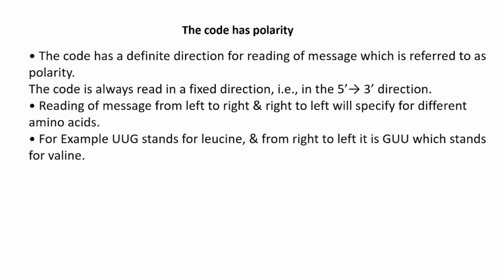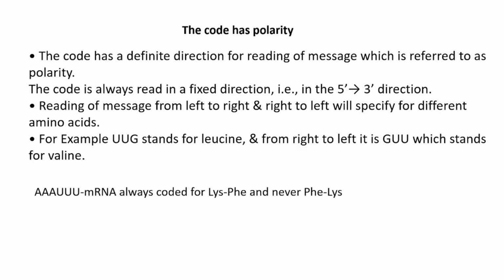For example, UUG stands for leucine, and from right to left it is GUU, which stands for valine. AAA UUU mRNA always codes for lysine-phenylalanine and never phenylalanine-lysine, which proves that the code is polar and it is always read in the 5' to 3' direction.